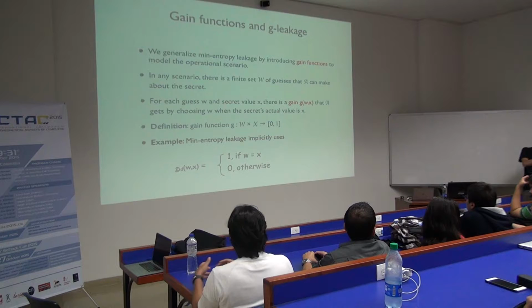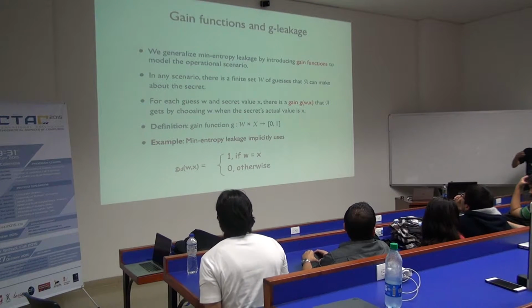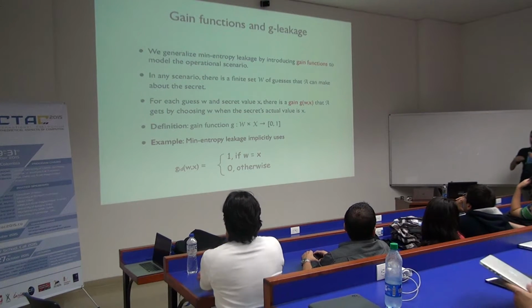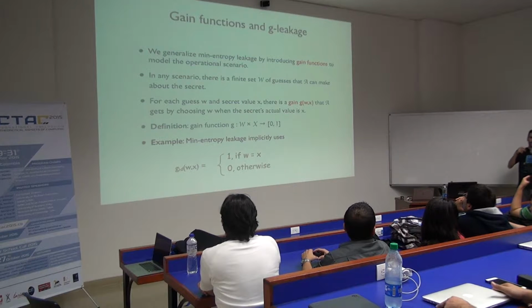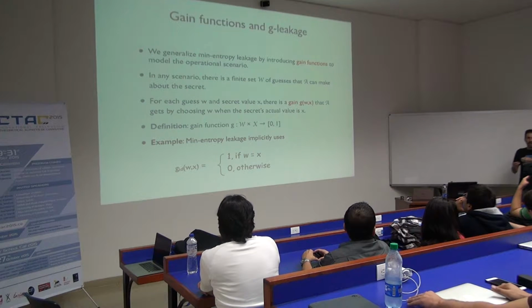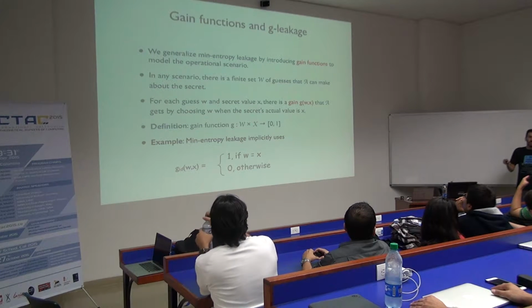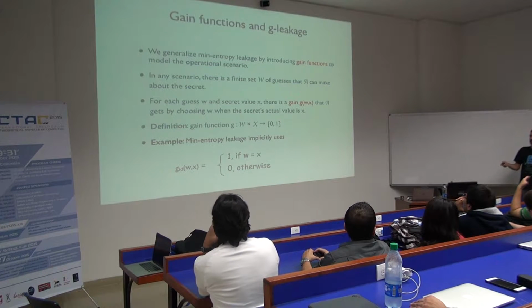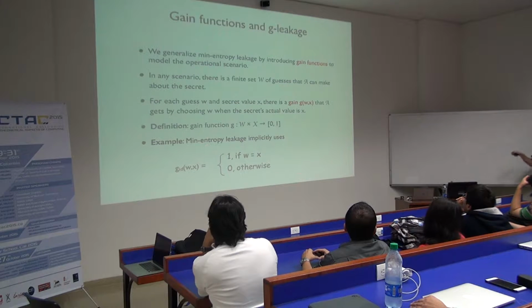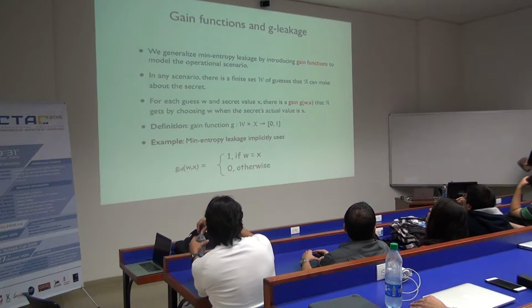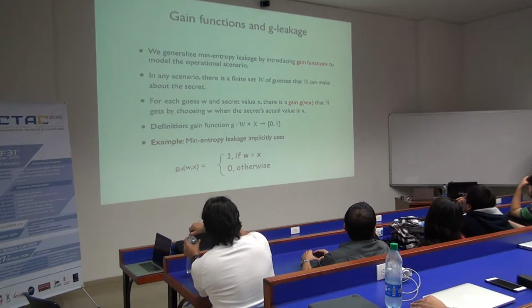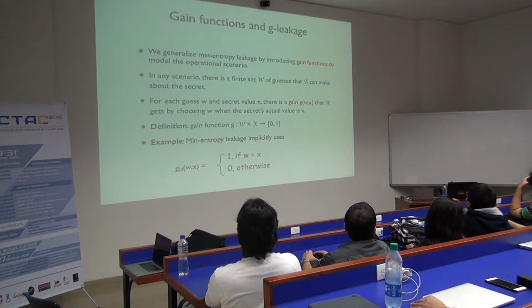Basically this guess will be a probability distribution, and the gain you get for that is the minus log of the probability. So the intuition about this is not that clear. You can do it like this, but you will not gain any good intuition because of that.